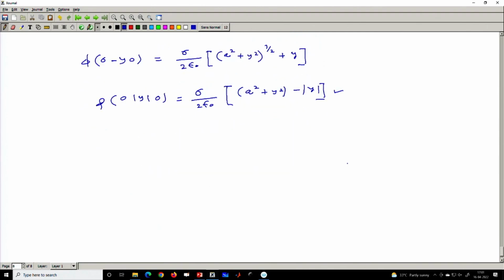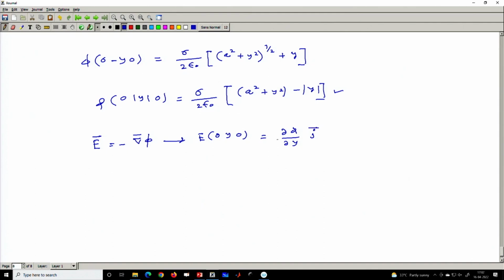Now, if I want to find the corresponding electric field, that we also calculated. The electric field is minus the gradient of phi. So E at 0 y 0 is minus del phi by del y in the direction of j.